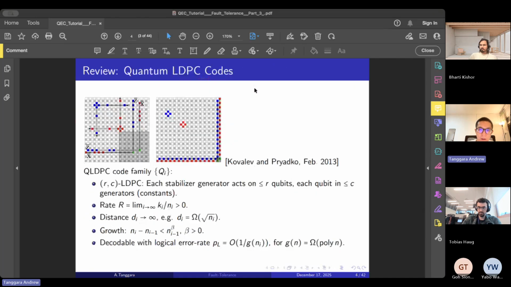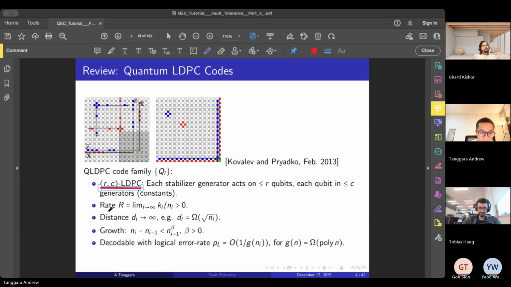To remind you of the notation, an (R, C) LDPC code means that each stabilizer generator only acts on at most R qubits, and each qubit is involved in at most C stabilizers.